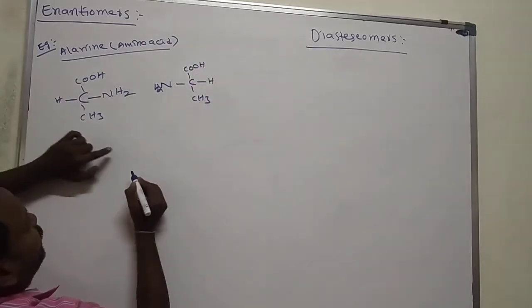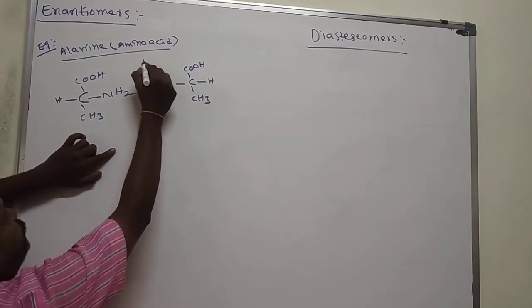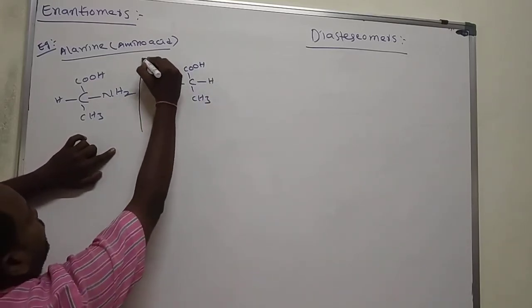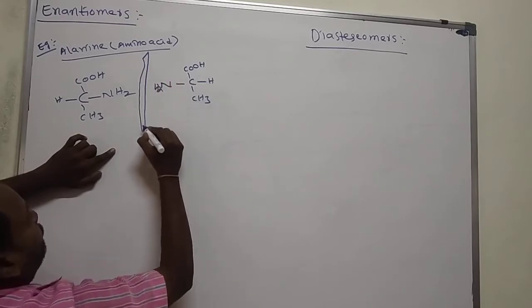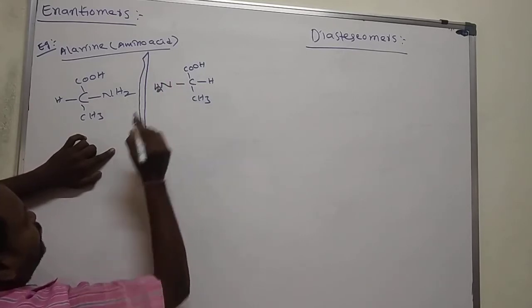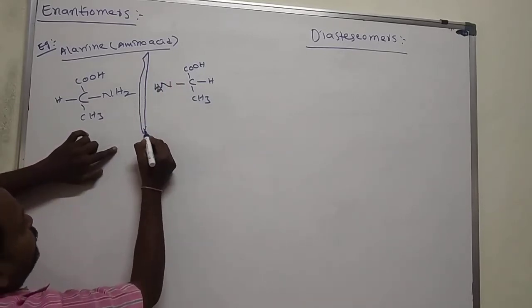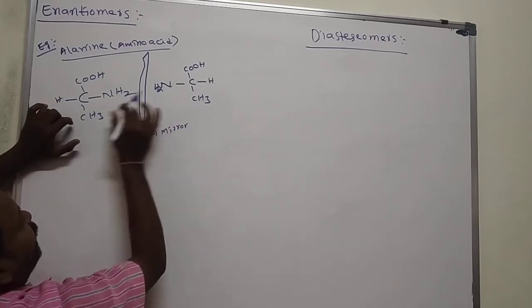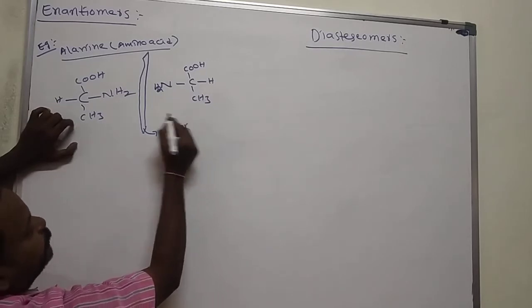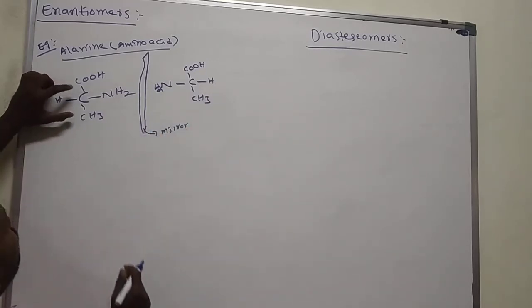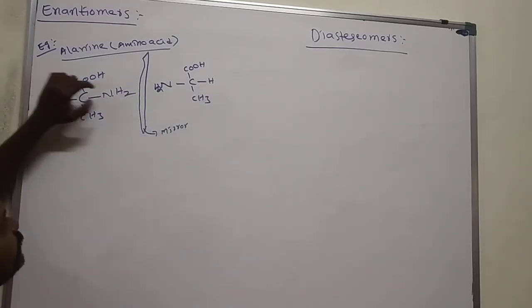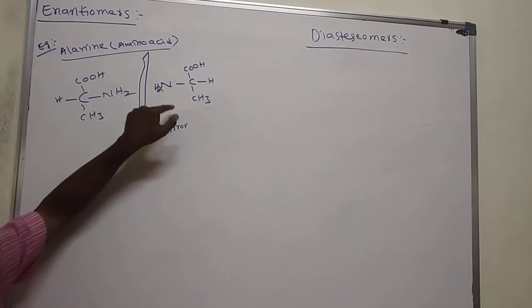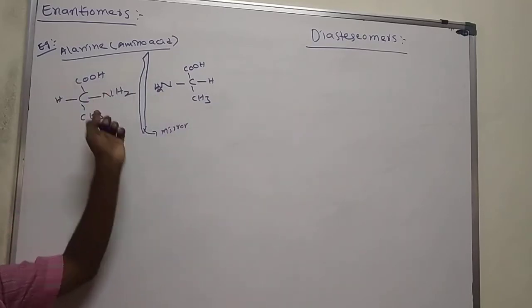Here see, in between these two I put a mirror. What does it indicate? Both are mirror images. If you see the first molecule, we observe the second molecule; if we see the second molecule, we observe the first molecule.